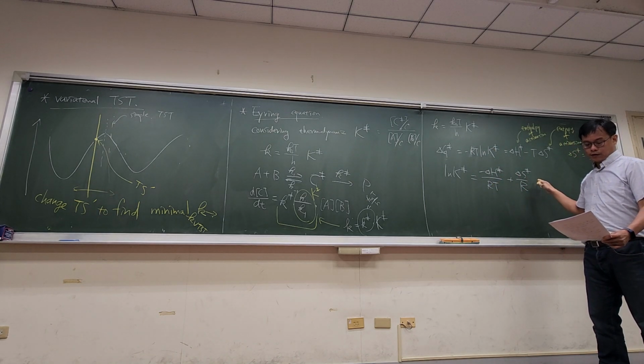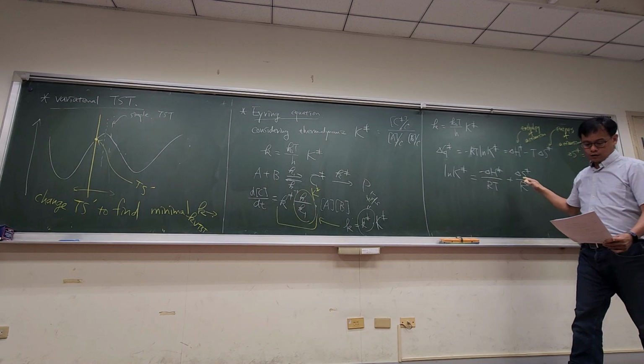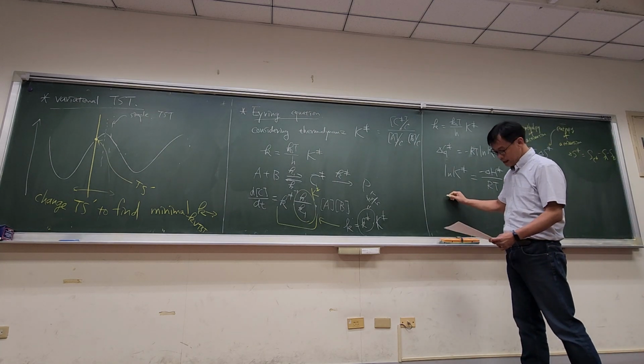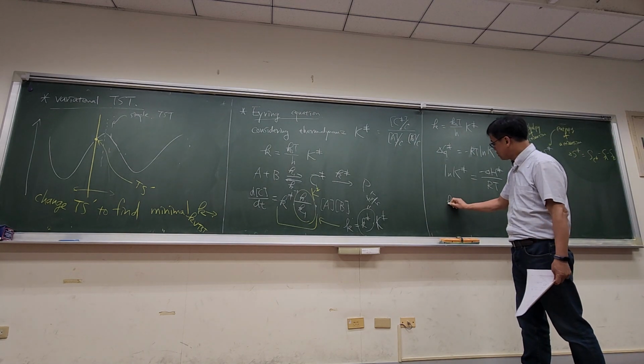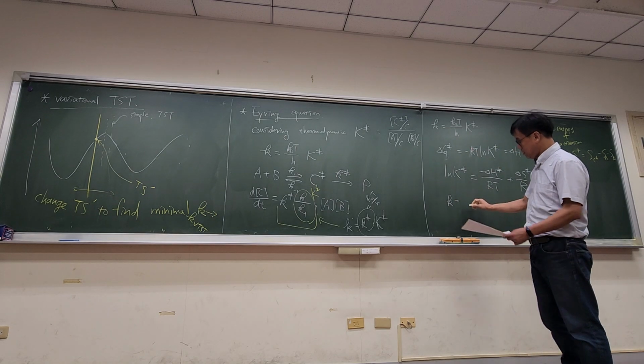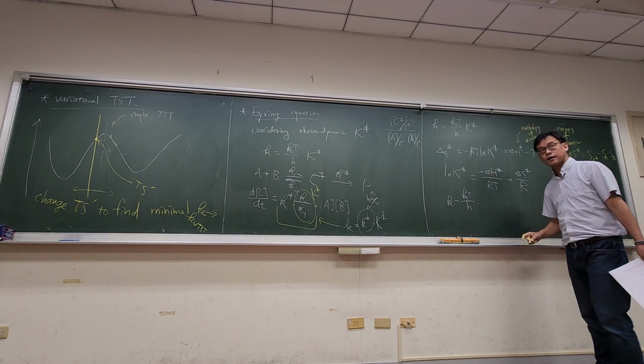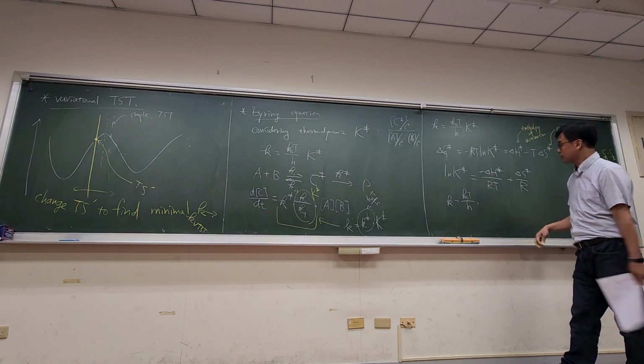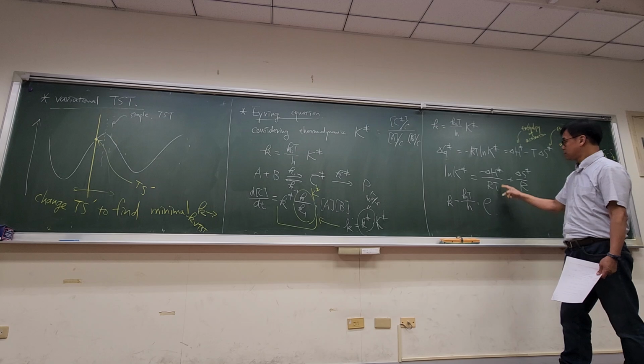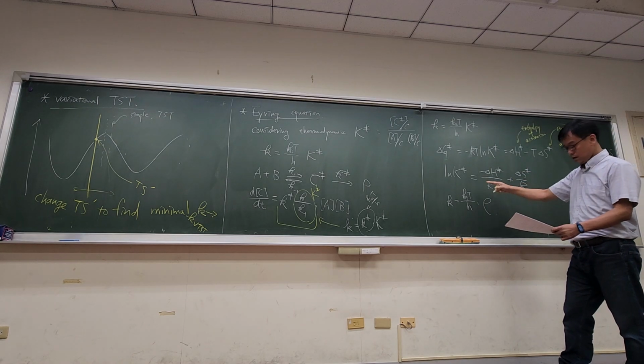And the better way to look at this is to look at the nature of that. Then k equals kBT over h. This comes from K double dagger, small k double dagger, and then that is the exponential of this thing.